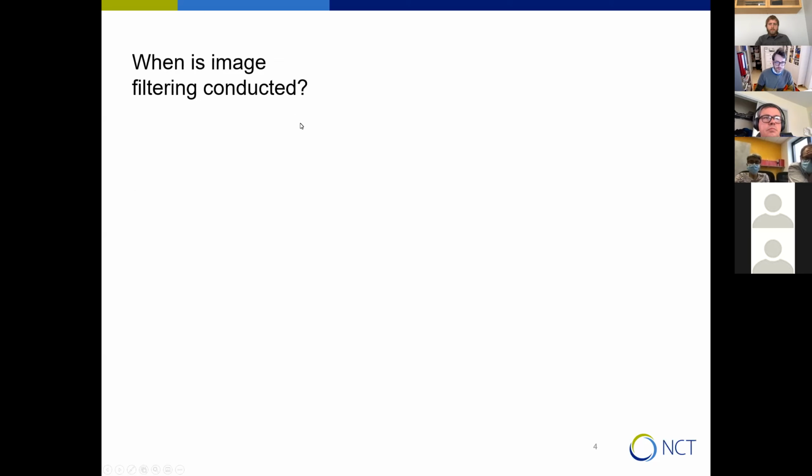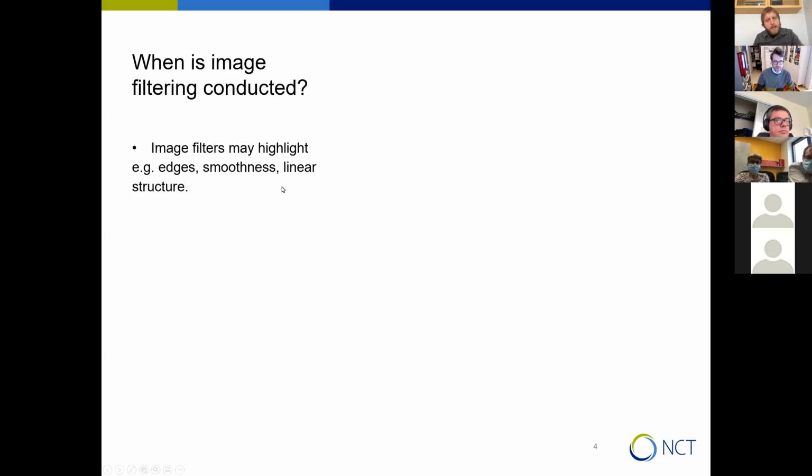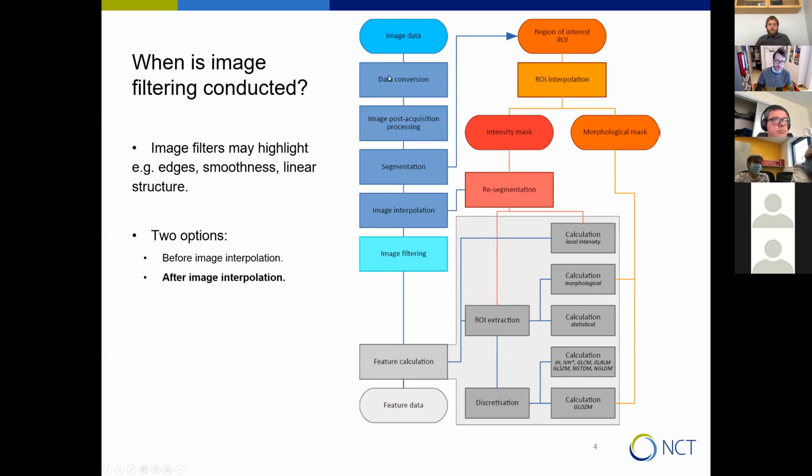One thing I will discuss shortly before we hand it over to Vincent is when image filtering is conducted. Image filters are something we use to highlight things like edges, smoothness or linear structures in the image. We basically have two options: we can do this before interpolation or after interpolation. In the end, as you may have seen from the documentation, we decided that this should be done after interpolation, because the size of filter kernels is spatially dependent.